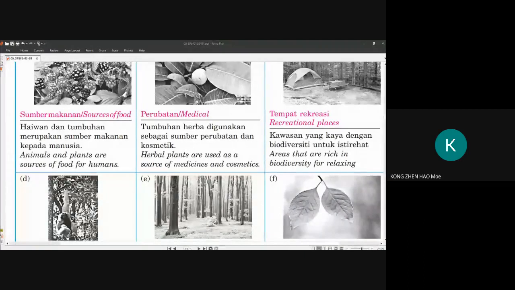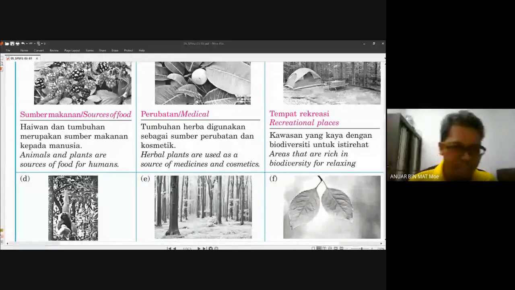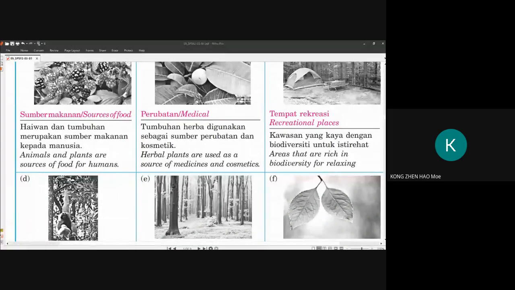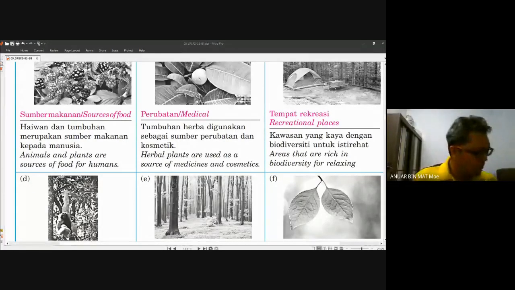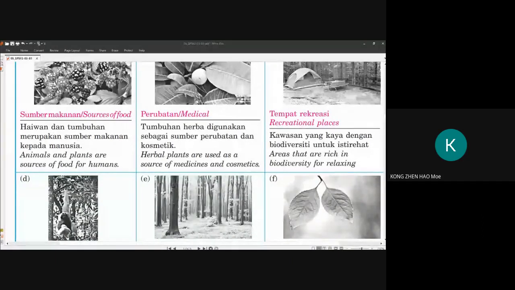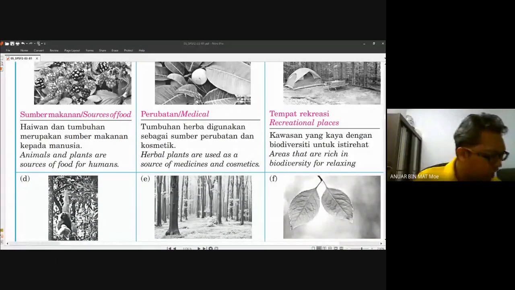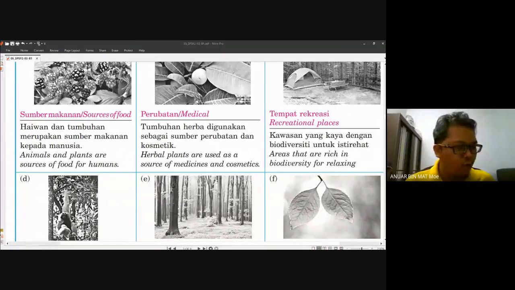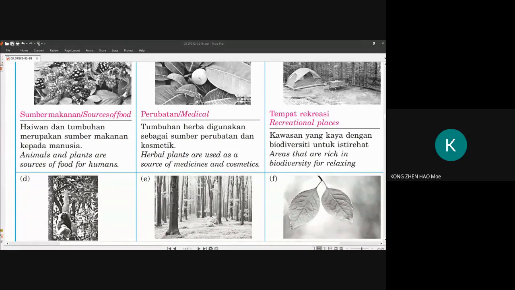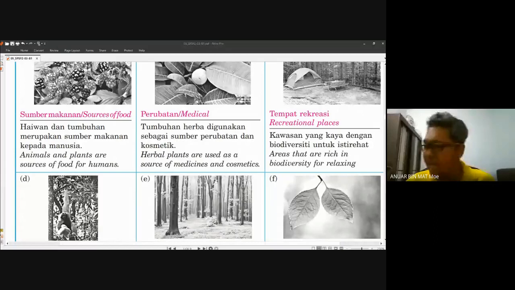2D? Education and ecotourism. Okay, ecotourism and education.